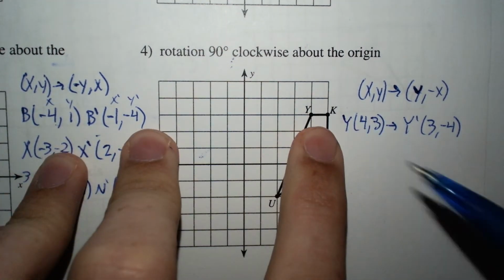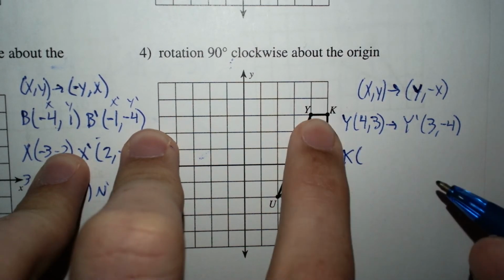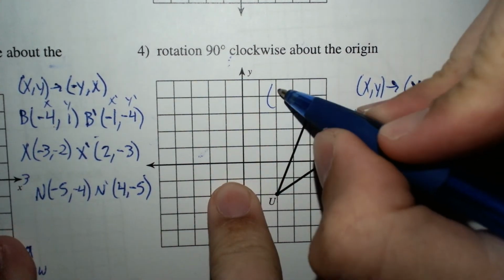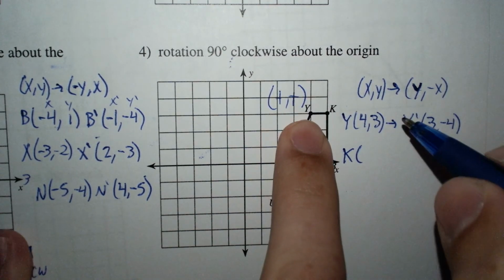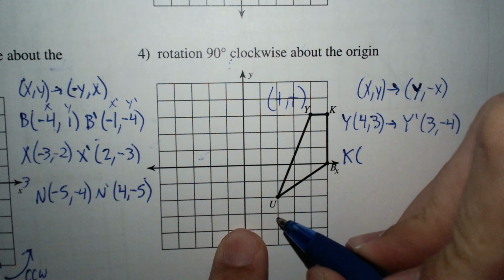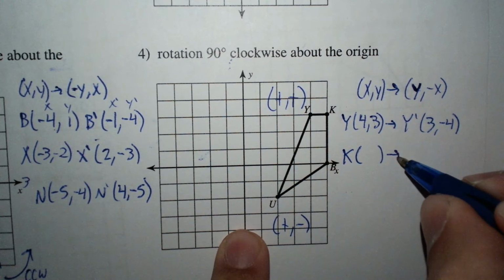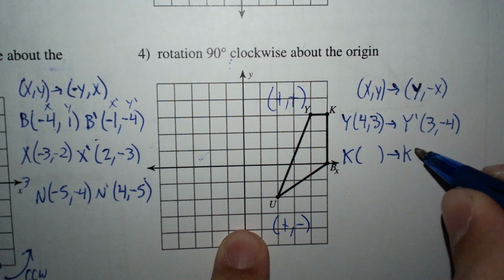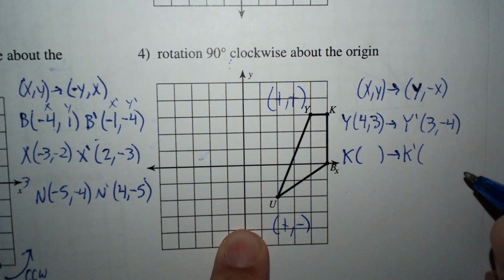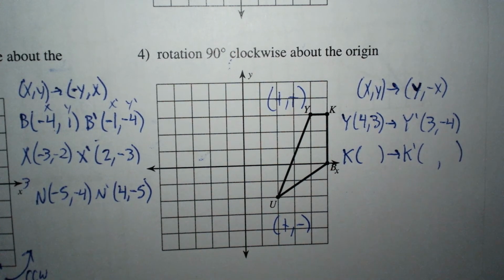Okay, I'll show you the other way we could do this. K is right here in quadrant 1. Quadrant 1 is positive, positive. If we go clockwise, that's going to be this way. It's going to put us down here, positive, negative. So I know right then that K prime is going to be a positive and then a negative, a positive and an opposite.